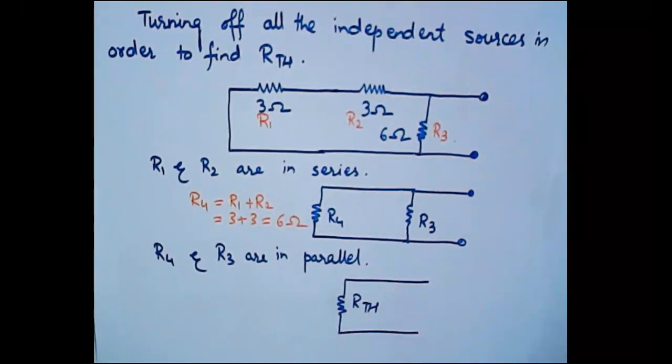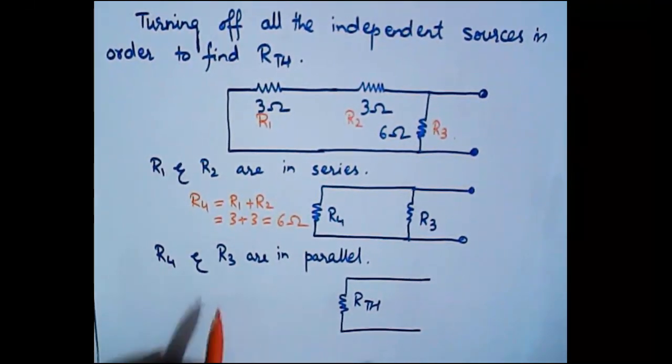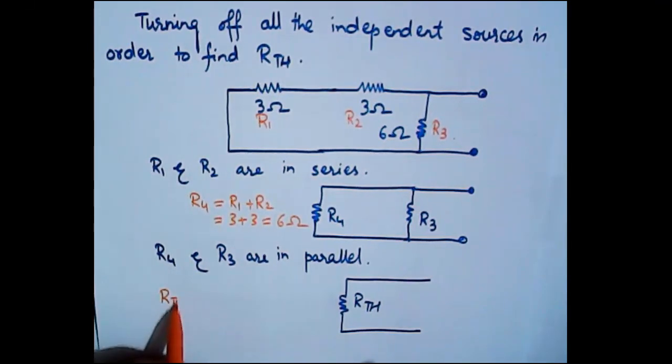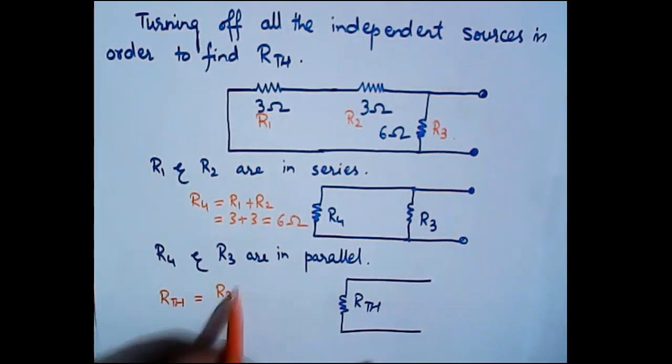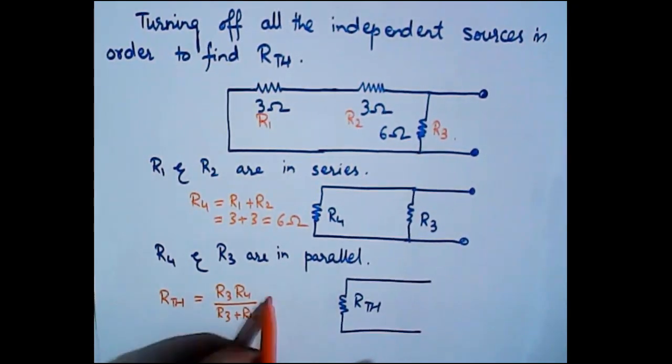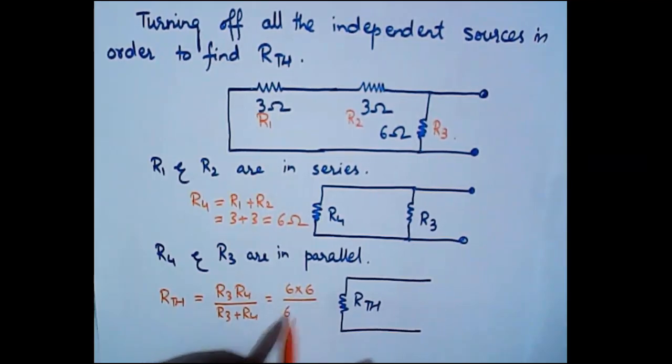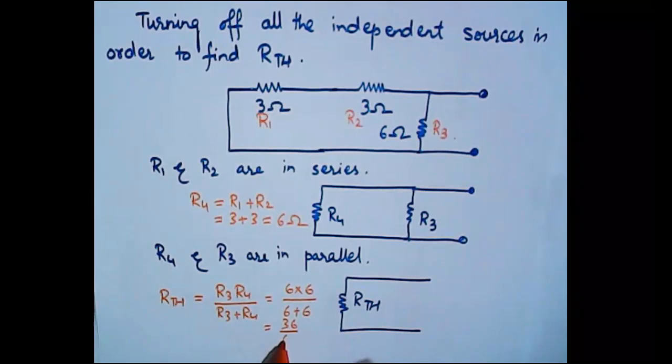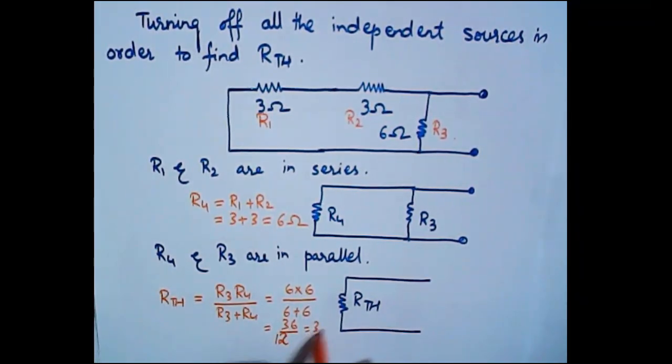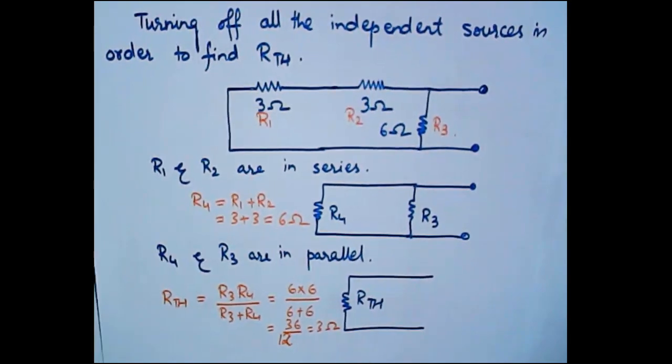And then Rthevenin is equal to R3 R4 divided by R3 plus R4, which is 6 multiplied by 6 divided by 6 plus 6, that gives you 36 over 12, and it is equal to 3 ohms, right?